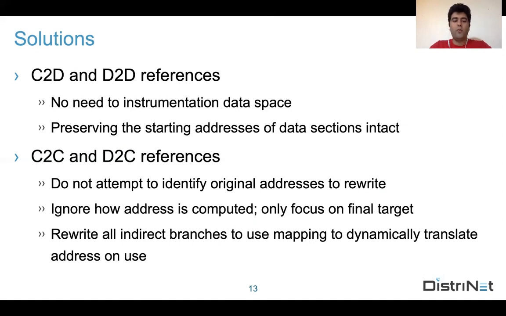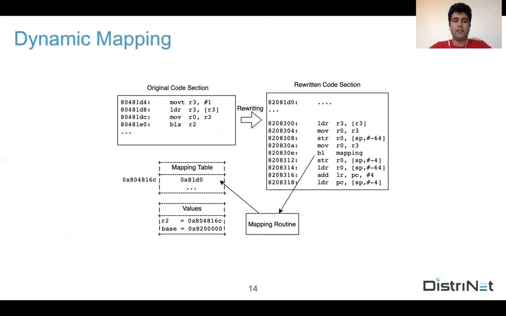So we rewrite all indirect branches to a mapping routine, and in the mapping routine, we translate addresses dynamically at runtime. For example, here you can see that we have the original code section and an indirect branch instruction.